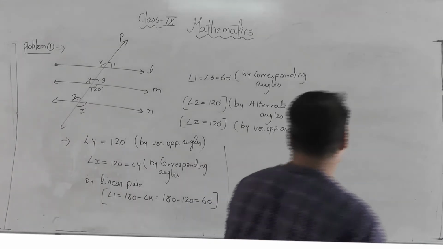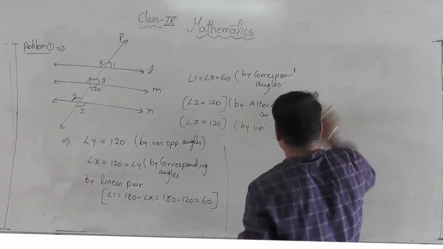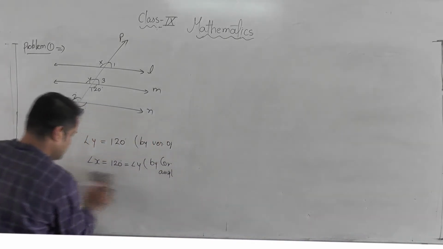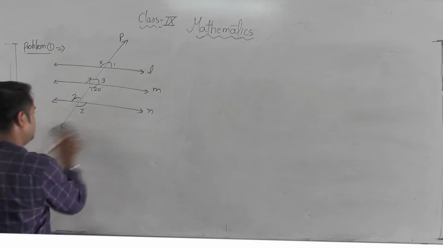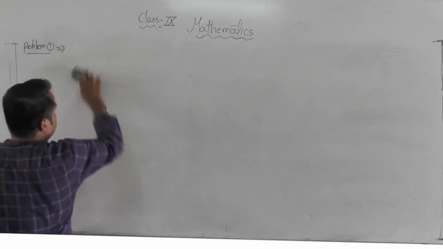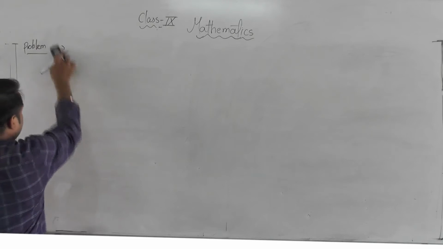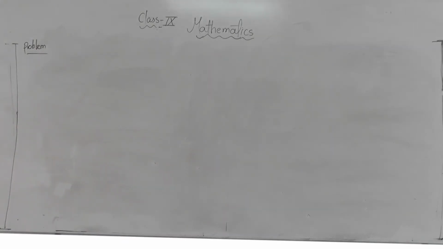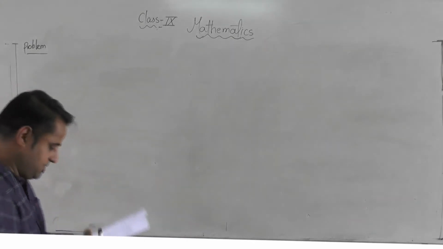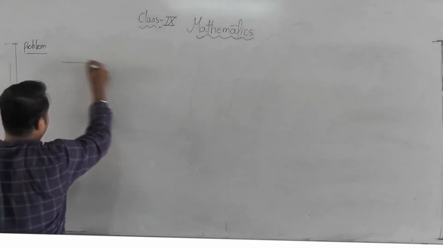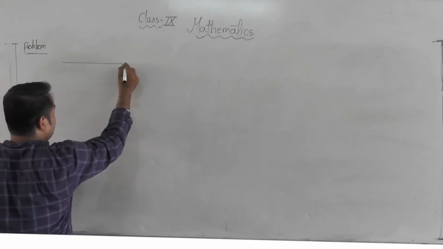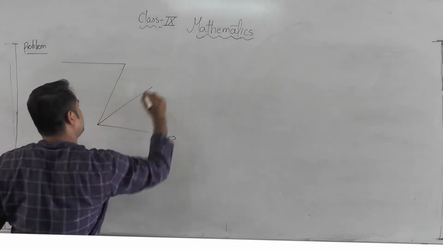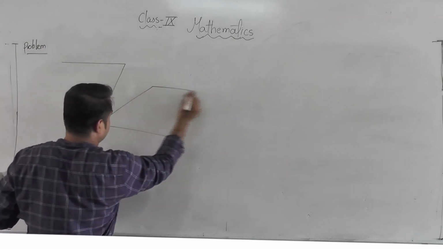Now let's discuss some numerical problems. They are of various types. Now, problem 2. It has different angles and different parallel lines. There is one parallel line, one transversal, and again one parallel line, with one line in between, and again one parallel line.